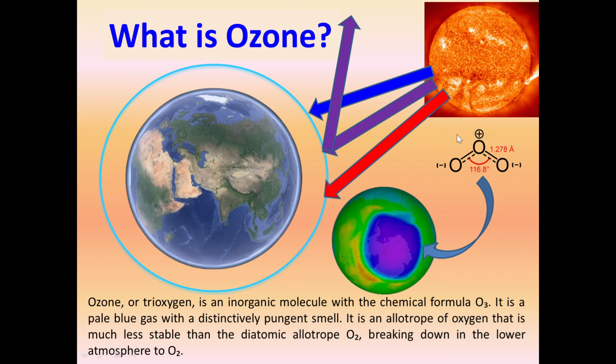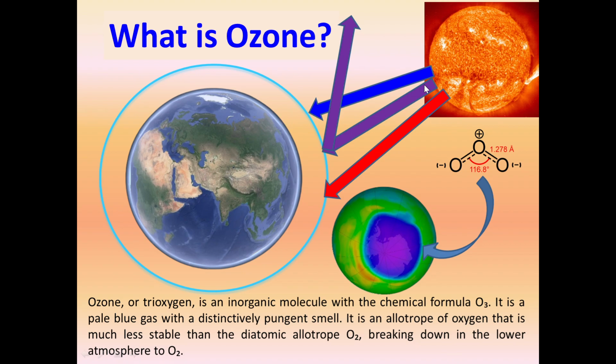You can see from this slide there is electromagnetic radiation coming from the sun, and around the earth there is a layer present, the ozone layer, in the stratospheric zone. This layer protects from the ultraviolet radiation that is coming from the solar radiation.